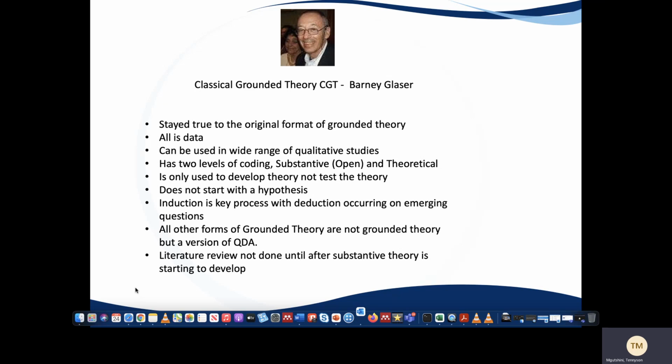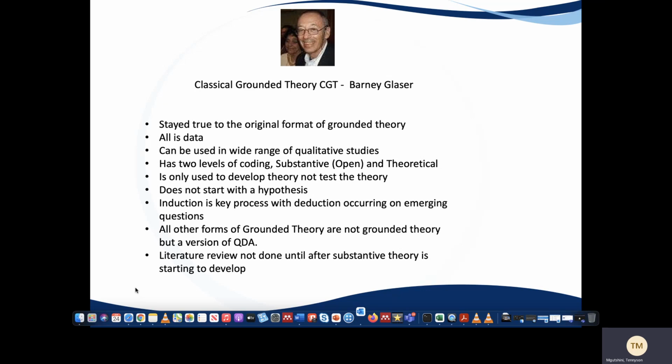The substantive open level is where you really just walk around in a space of a phenomena, constantly finding pockets of data that you think are meaningful to whatever phenomena you're looking at, and continuing to take in that data.